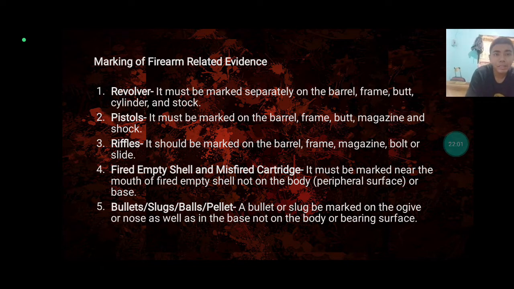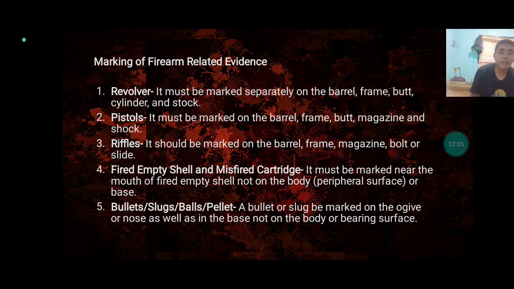Next are pistols. They must be marked on the barrel, frame, butt, magazine, and shock. Tape must be put around it with a signature to avoid changing parts of the gun, which could affect the result of laboratory examination.